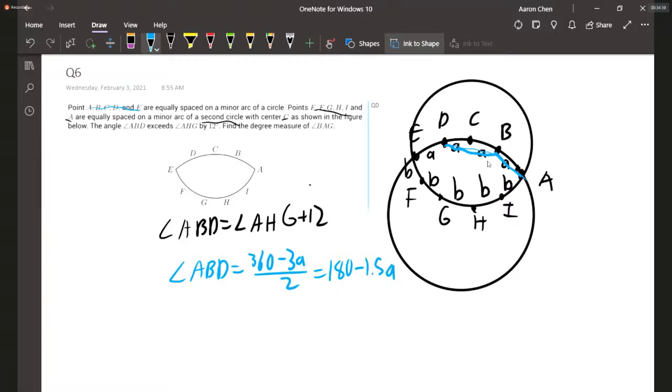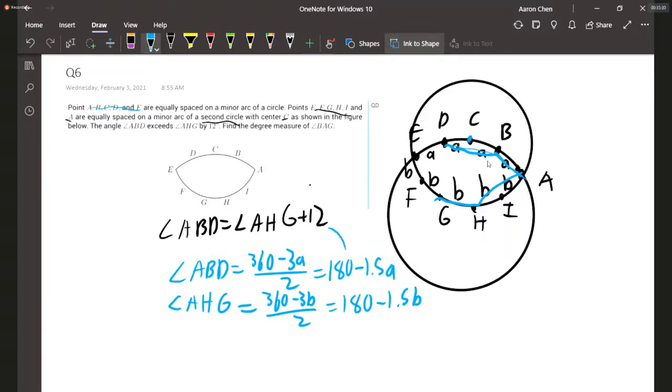And now we can look at angle AHG. Similarly to angle ABD, it's an inscribed angle of the circle with center C. And so angle AHG is equal to (360 minus 3b) divided by 2, or 180 minus 1.5b.